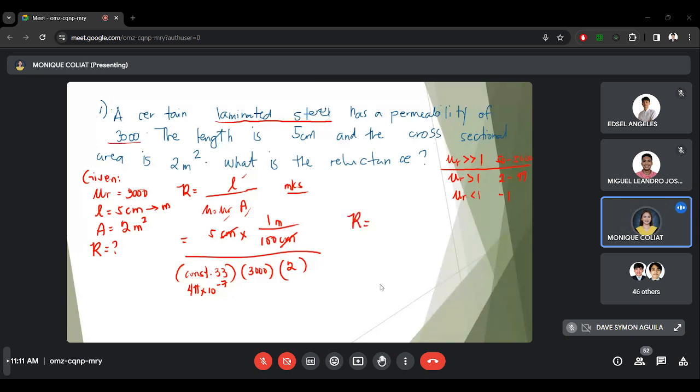What is your reluctance? Let's compute. The answer is 6.6315 times 10 raised to some power, in ampere turns per Weber.